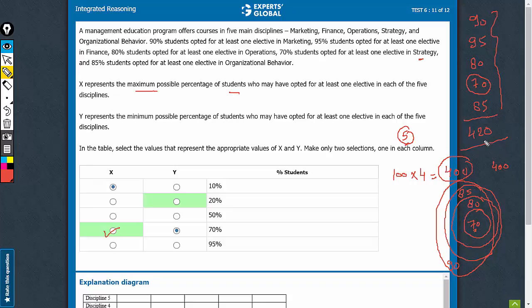That means that 420 minus 400, 20. At least 20 students have to opt for all of the five electives. And therefore, for the second column, the answer is 20%. That's the minimum overlap for reaching a value of 420 from 100 students.